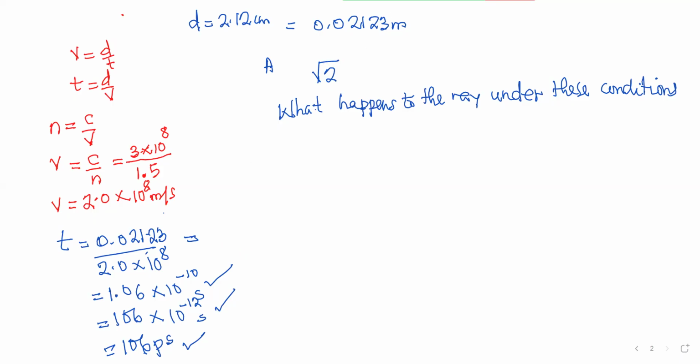Okay, let's see whether all the answers are right. Elikem. Because the refractive index of air is 1, and that of the glass block is √2, you find the critical angle, and the critical angle is 45 degrees.